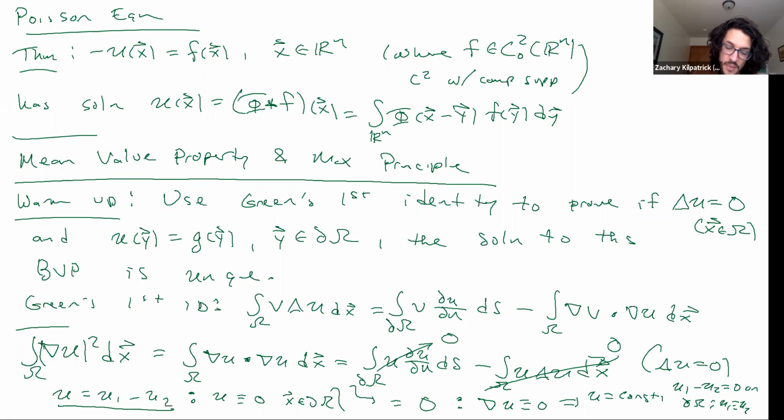That should be a bit reminiscent of energy methods. You could think of this as an energy of the problem, and we're showing that that energy is 0. Therefore, we can show that the difference is 0. So that's one way of proving uniqueness.